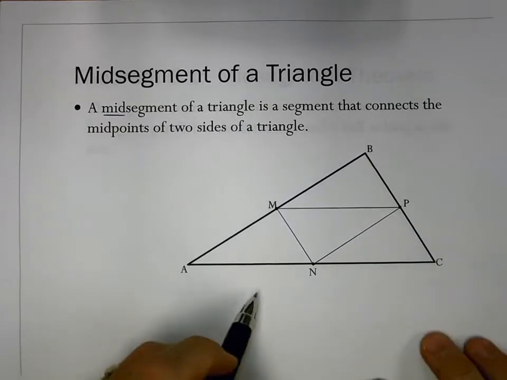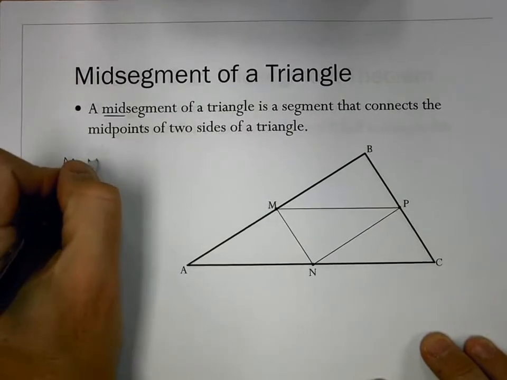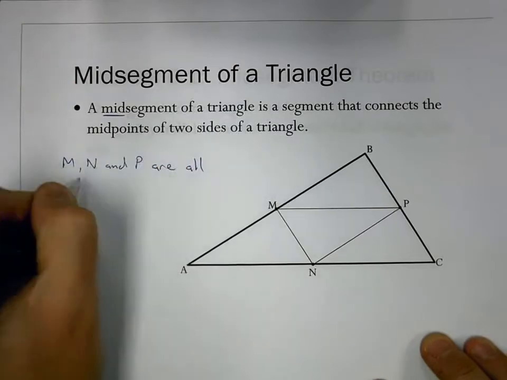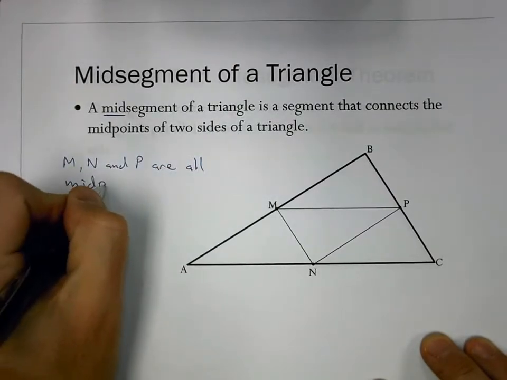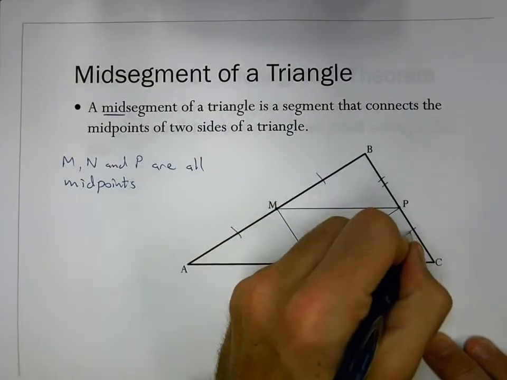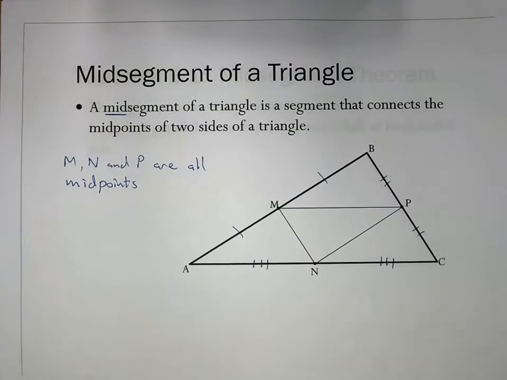So if we start with just this diagram, we know that M, N, and P are all midpoints, and we can mark them accordingly. We know each is in the middle of its segment.